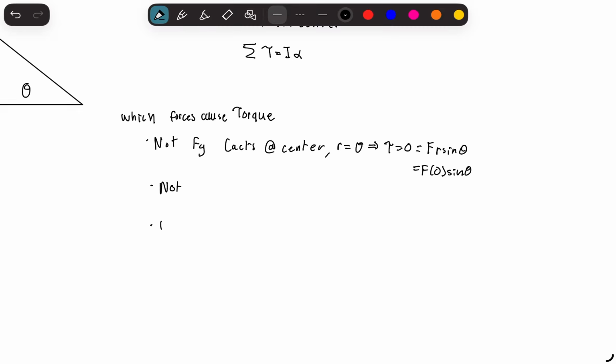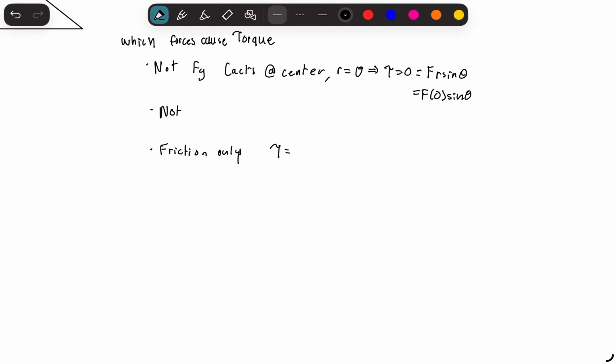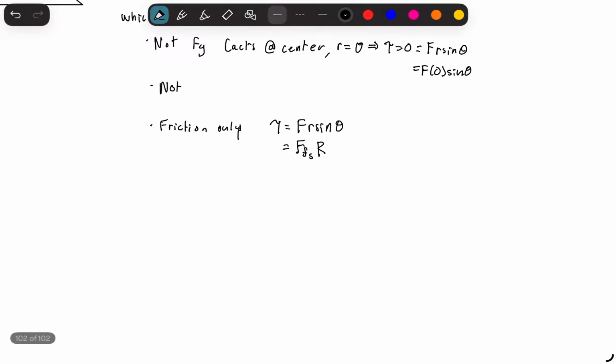So you're only going to have torque from friction. Torque is equal to your force times your lever arm, sine of theta. Here, your force is going to be the force of friction, and your R is going to be equal to your radius, and that is set equal to torque.